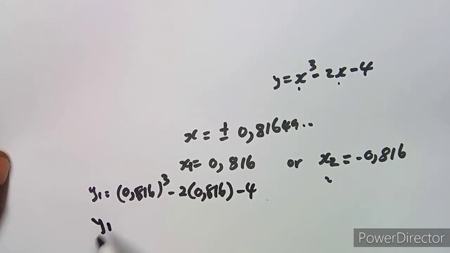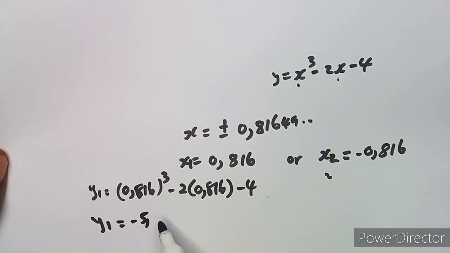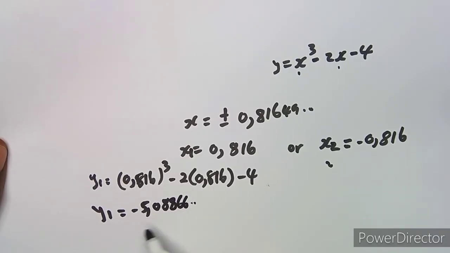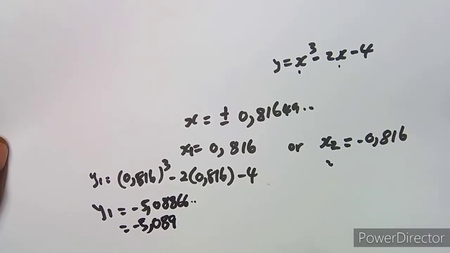So your y there is going to be minus 5.0886, which is negative 5.089 to 3 decimal places.